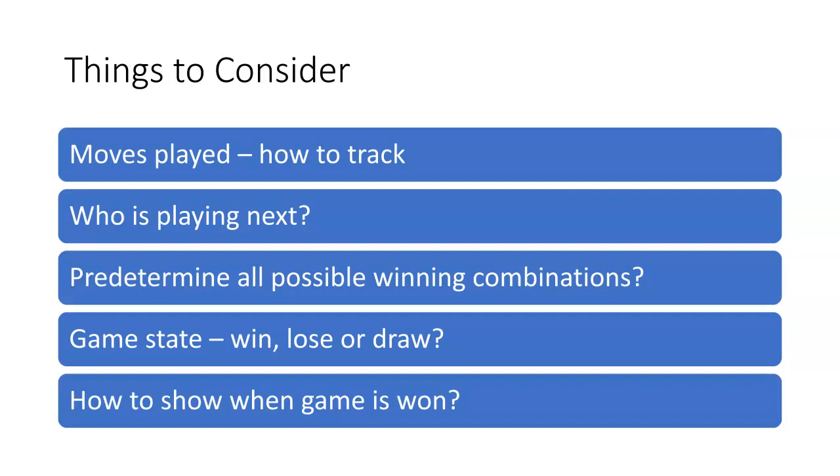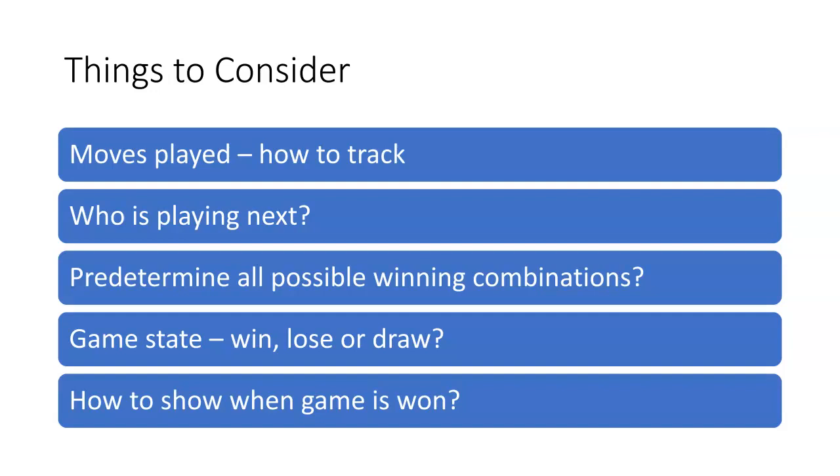We know this already. So when this question is asked, is the game finished? Our job is to take this array, a one-dimensional array, and go through this list. Check the first, the second, and the third square and see if they have the same thing in it, either X or an O. If it's an X, X has won. If it's an O, O has won the game. If it's not, then we just go through this list every time. So whenever the game is finished or somebody has won the game, one of these conditions will be met.